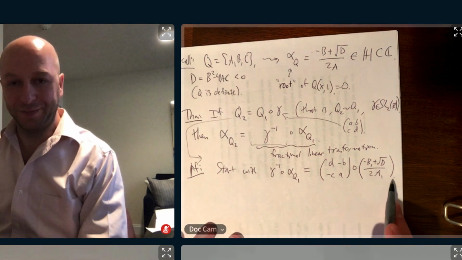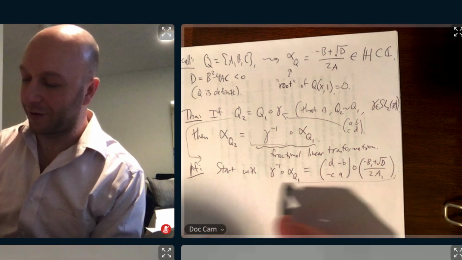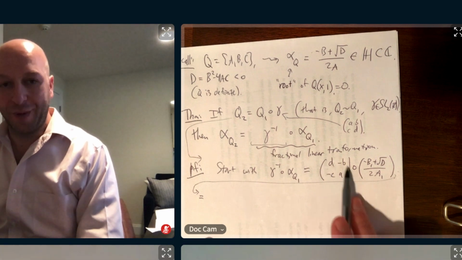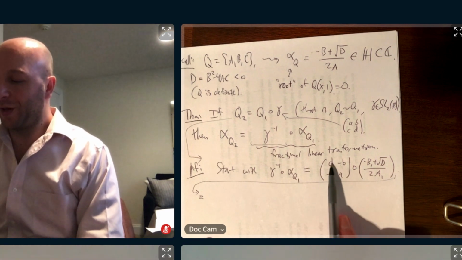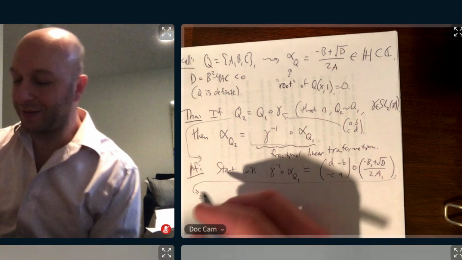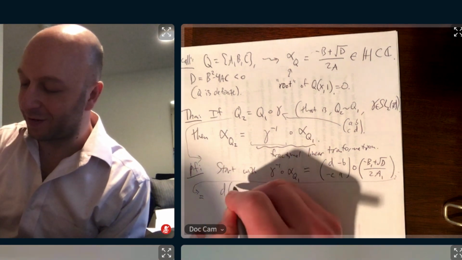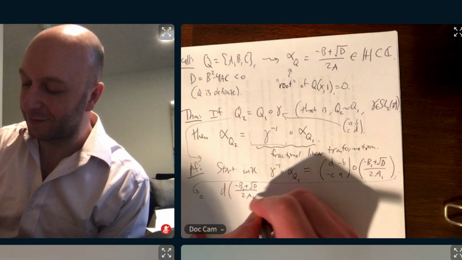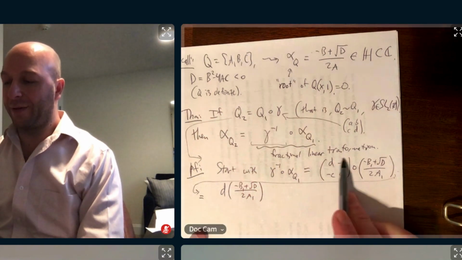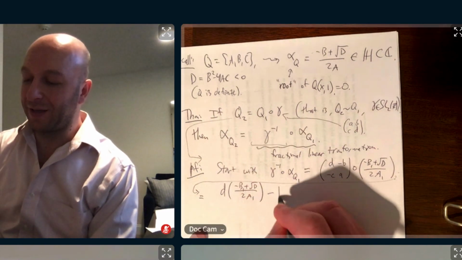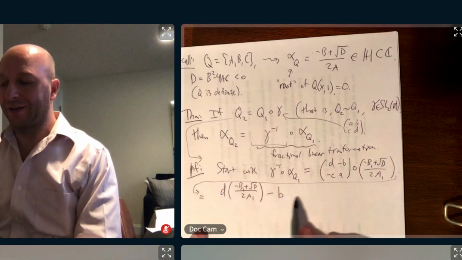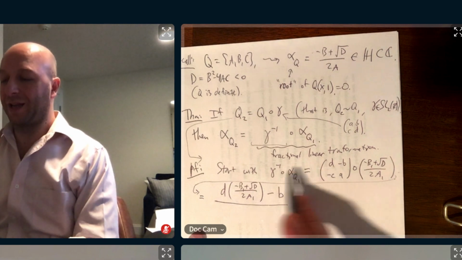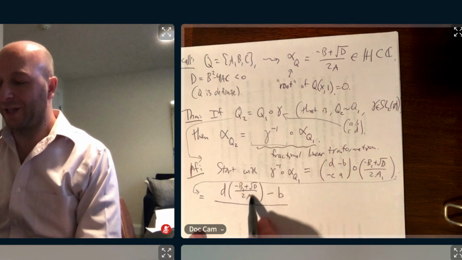So far so good? Continuing the calculation. What is the fractional linear transformation? If you remember what we do, we multiply d times alpha, add the b part, which is minus b, so that's linear on top, it's linear on bottom also, and it's a fractional linear transformation.